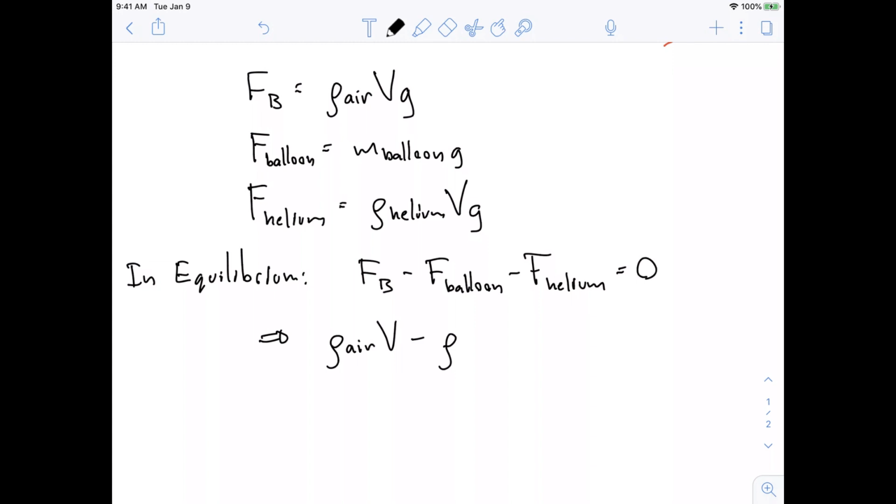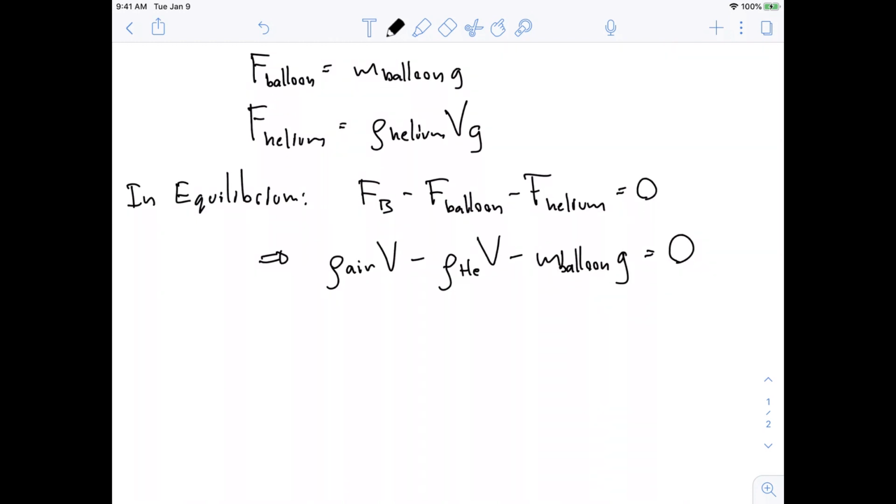Minus the density of helium times V minus the mass of the balloon times g is equal to 0. And what we're trying to do is solve for the volume of the balloon, right?